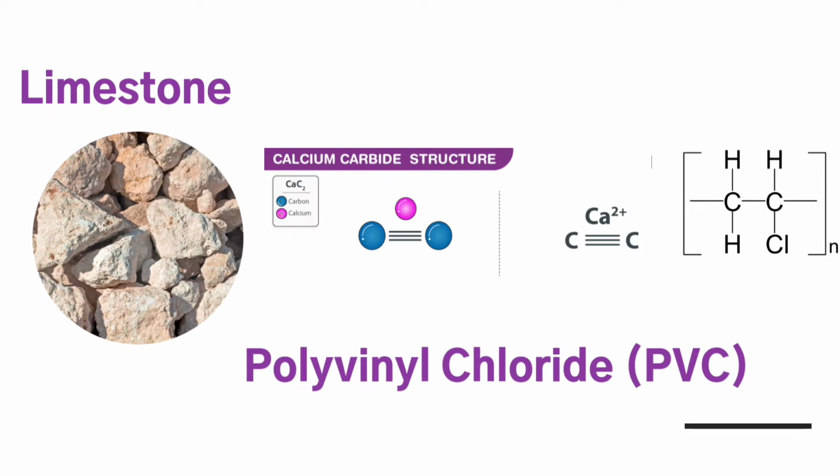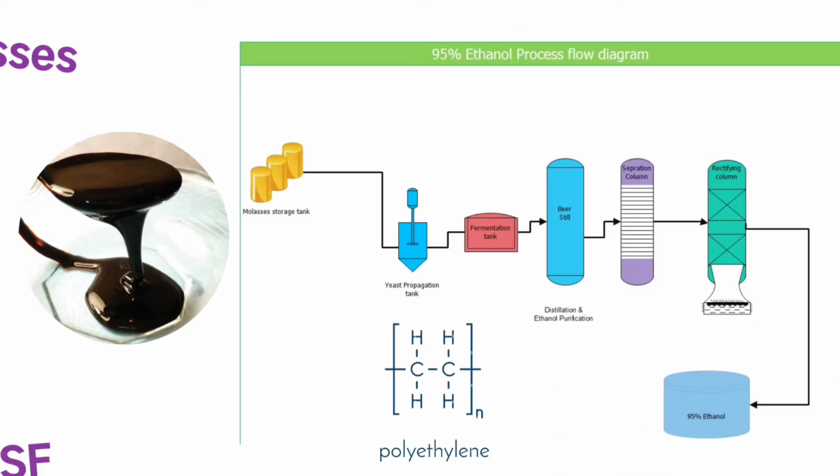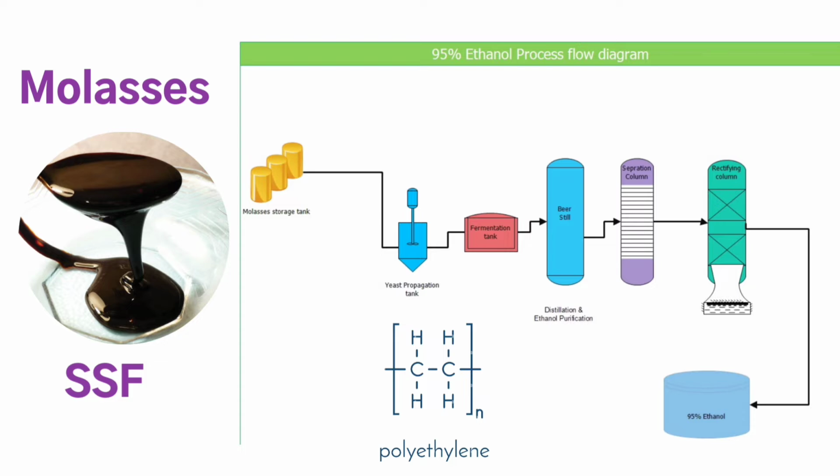We also obtain plastics from molasses. Molasses is a dark brown liquid obtained from the refining process of sugar, or what we call cane sugar, okay? And it is a very complex process, of course. First of all, it is converted into alcohol through a process known as simultaneous saccharification and fermentation, SSF, okay?